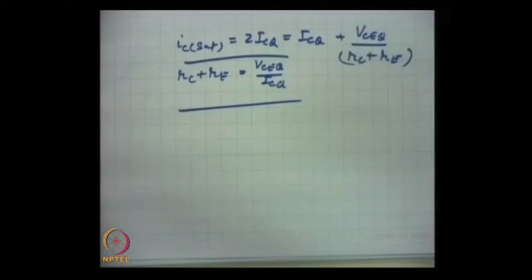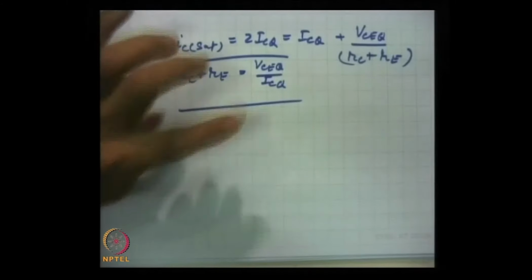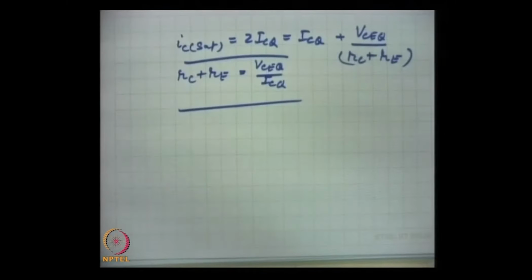If this condition is satisfied, then we can directly use these expressions, and the efficiency we will find maximum is 25%. Or if you are given just any circuit, you find out what is VCEQ and ICQ and use those exact values in the expression, then we will get the efficiency for that circuit.